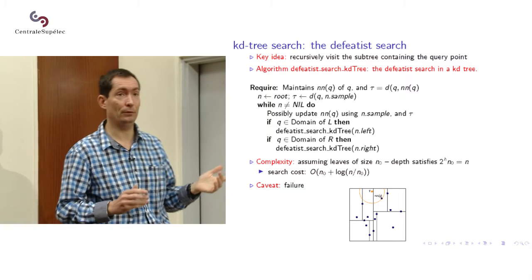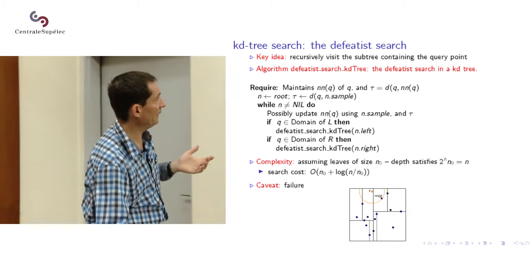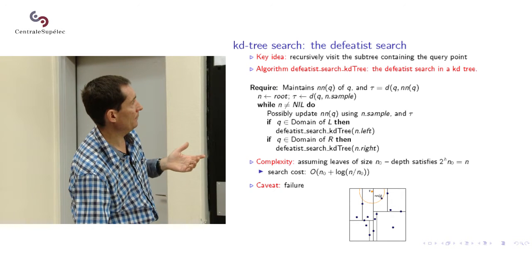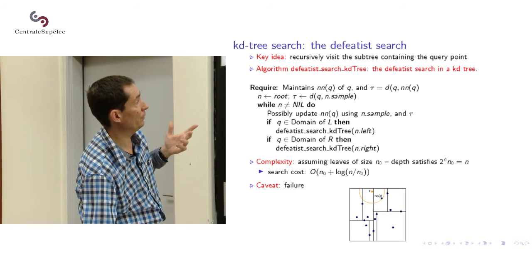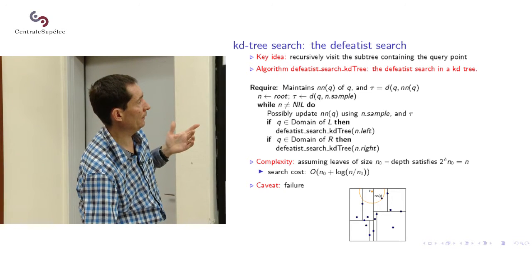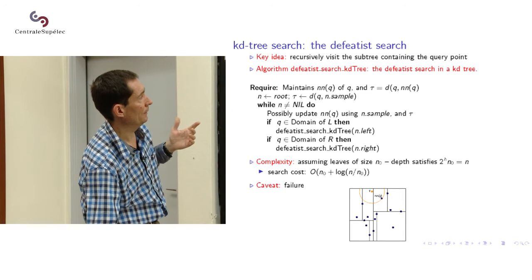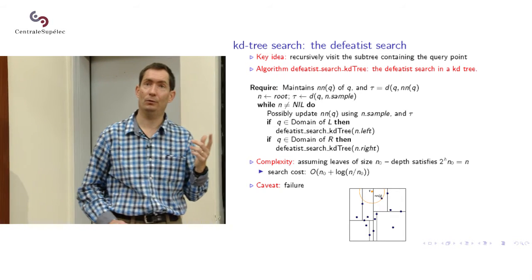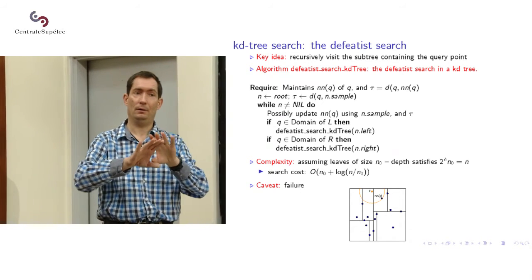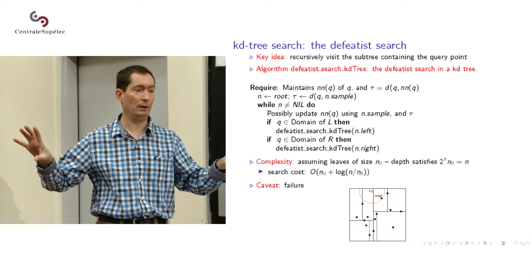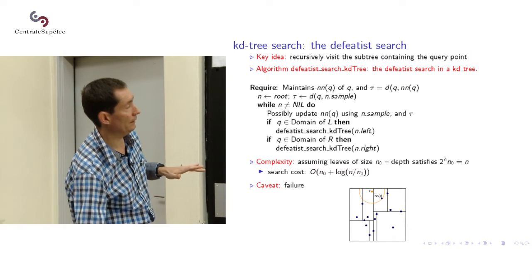Well, obviously the problem is that you can be wrong, because in this case, look, if I'm selecting the nearest neighbor of Q in this subtree, so let's say this is this guy, right? Okay, so this is the nearest neighbor which my algorithm is going to return. But if you forget about the KD tree, and you start growing a ball at Q, your nearest neighbor is sitting here, right?